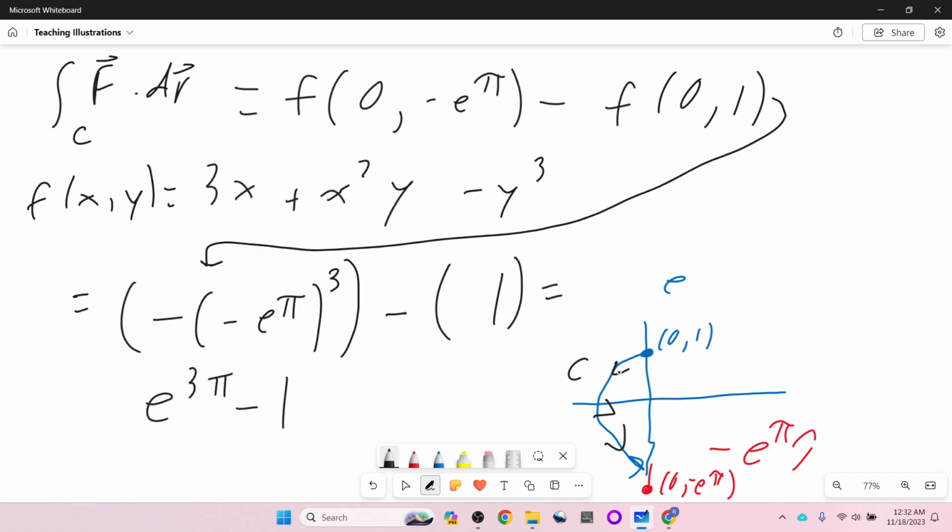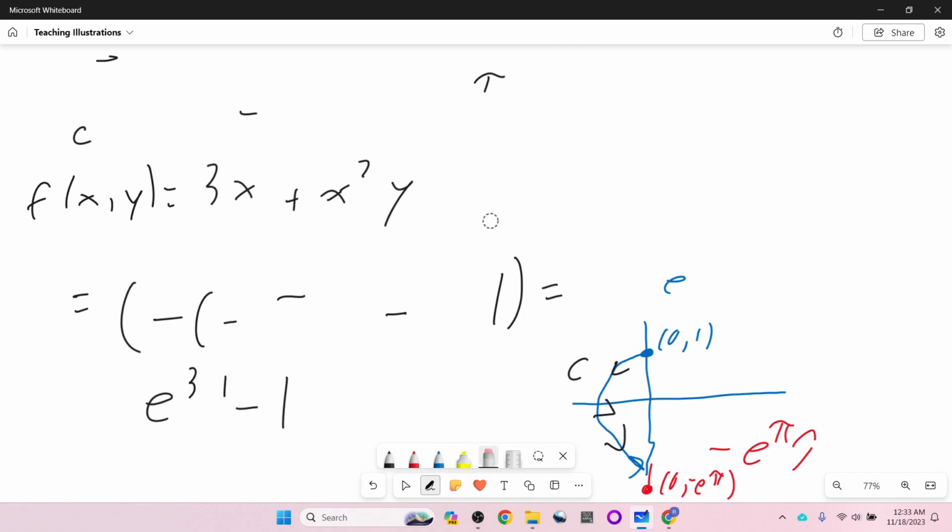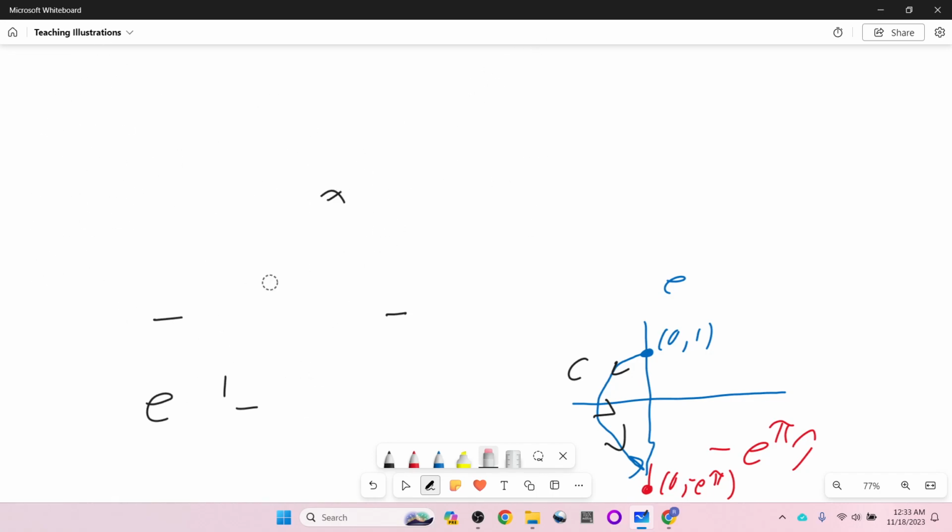So you see what I'm saying. The point here is that once we found the potential, we don't need to bother with parameterizing paths. We can just do end minus beginning. And it's similar to the roller coaster idea. In fact, there's a reason why you talk about potential energy. I remember this is something I learned back in my first physics class in high school.